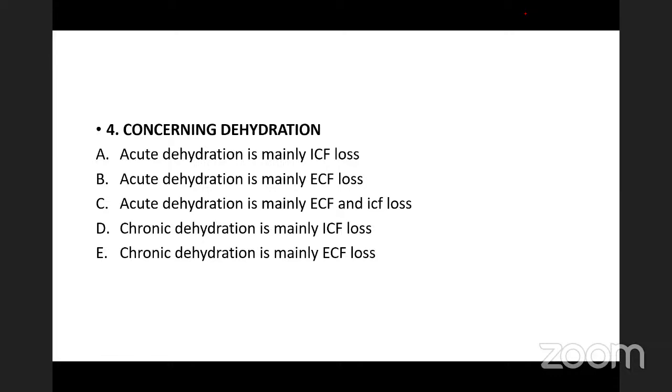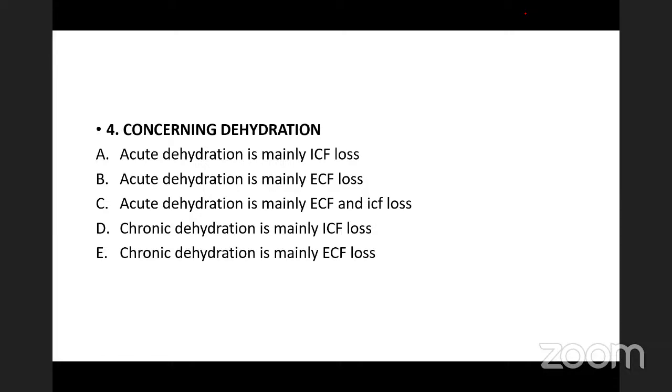But when this fluid loss is chronic, the fluid loss is both from the extracellular and intracellular compartments. Okay? I'll take that again. When a patient suddenly loses fluid, that acute loss is mainly from the extracellular compartment.